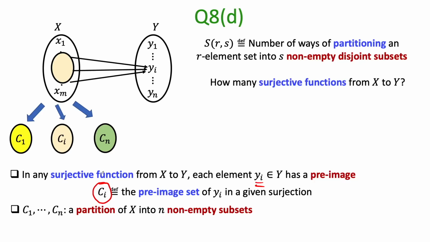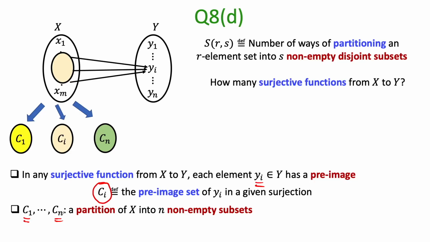Now it is easy to see that if I take any surjective function, and focus on the preimage set of element y1, the preimage set of the element y2, and like that the preimage set of the element yn, then the collection of those preimage sets will constitute a partition of your set X, namely the domain set.